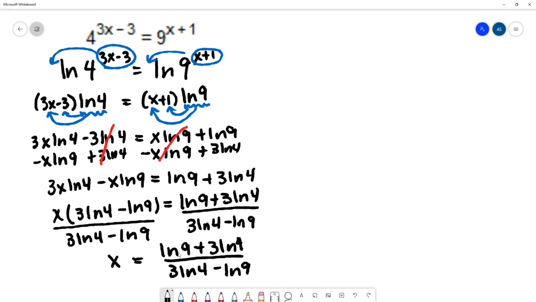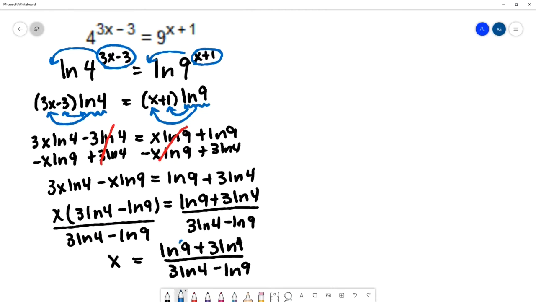Now, when we write this out like this, we know that the 9 belongs to the natural log. The 9 is substituted into the natural log function, but your calculator needs you to be more specific. So when you type natural log in your calculator, it's going to automatically put a parenthesis here, and you have to close it out when you're done.